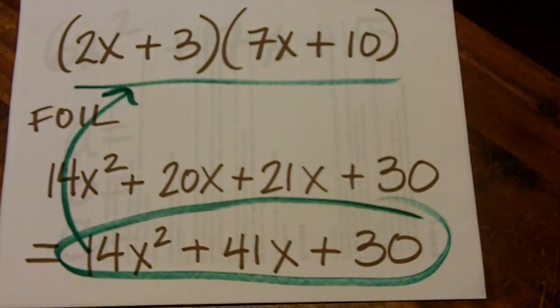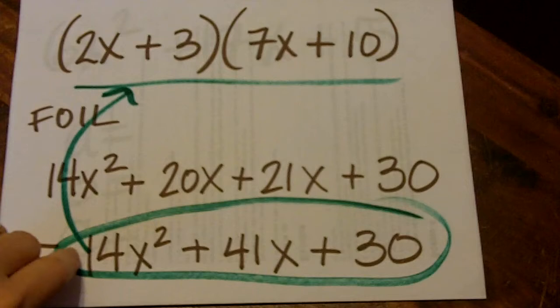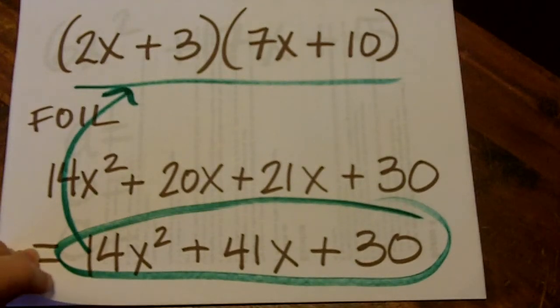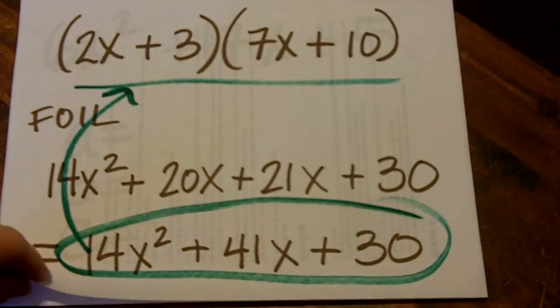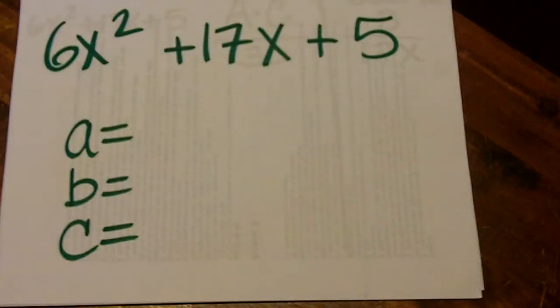I'm going to teach you this method because I think it's a little bit more of a scientific method, where you just do a method and you're guaranteed of finding the answer without a lot of frustrating guessing. Now, you may be very good at guessing and seeing what the answer is, and so if you choose to do it like the book, I'm certainly not going to penalize you, but I thought you might enjoy learning a different method. Let's say we started with this problem, 6x squared plus 17x plus 5.